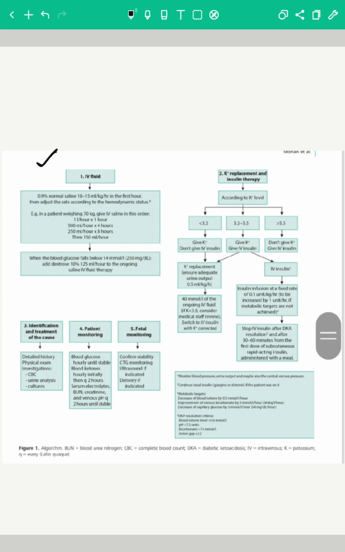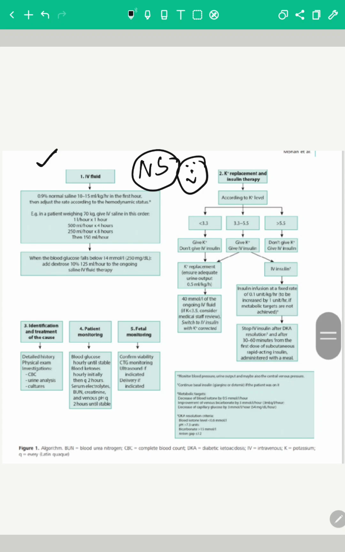We will do it according to the reports, but the moment we diagnose the patient, before we get the potassium levels and everything, first thing is we have to start the patient on 0.9% normal saline. So NS is our first and the best friend.